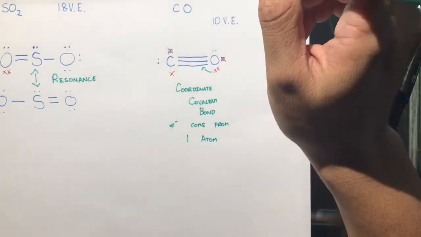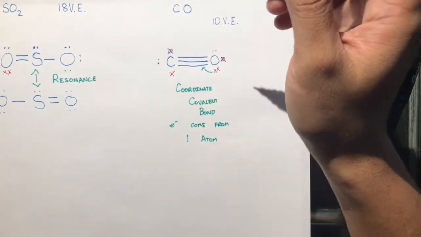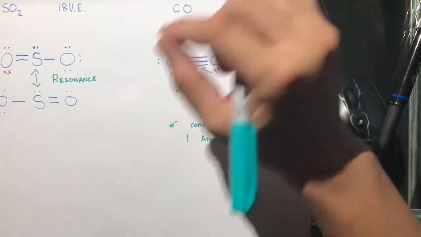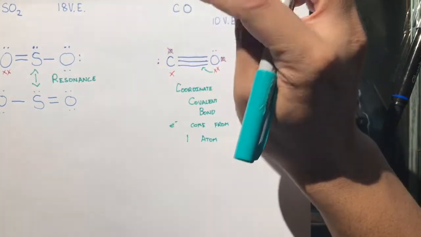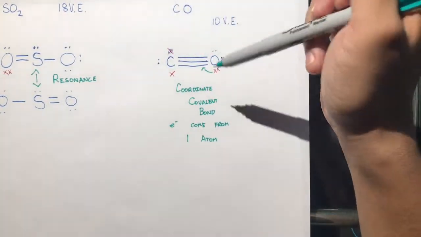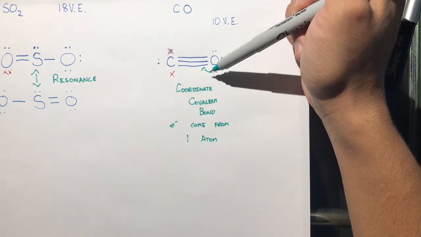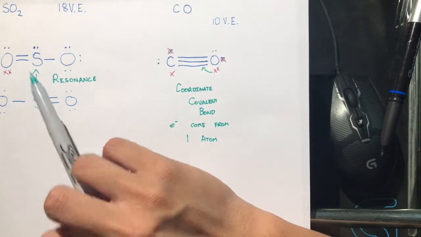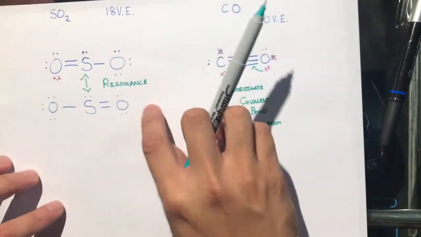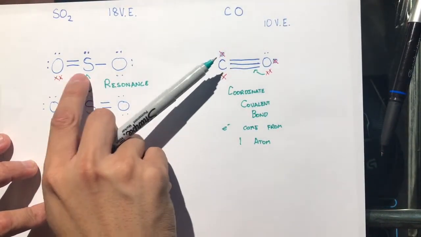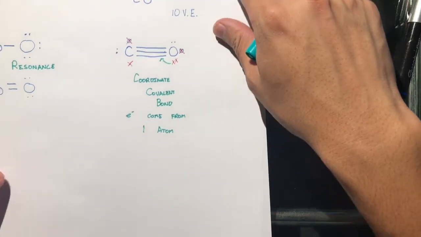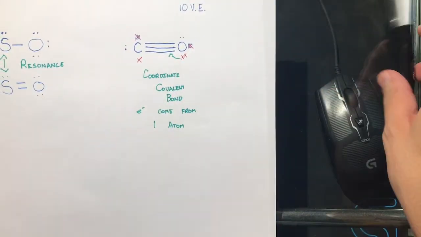A lot of times what you will see is the atoms will come into agreement. One atom will say, I will give 1 electron, you will give 1 electron, and we will share those 2 electrons in a pair. This is not what happened here. This is oxygen donating these 2 electrons to create a coordinate covalent bond. Kind of like what happened here in sulfur dioxide, where we had one of these oxygens donating the 2 electrons to create a coordinate covalent bond. That is a term that you will need to know for the IB.